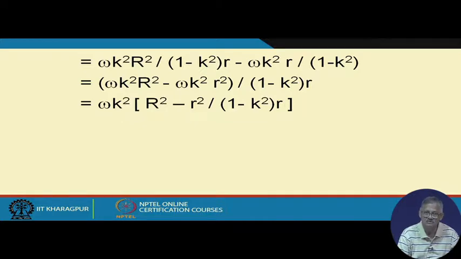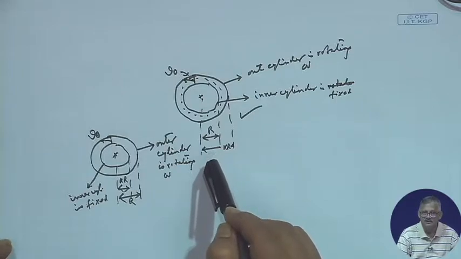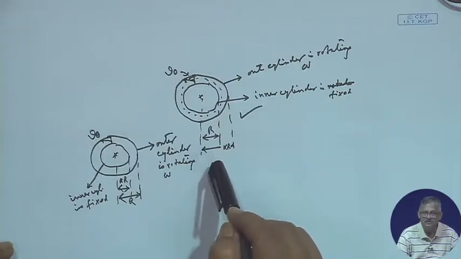We made the inner radius KR and the outer radius R. In the earlier case, the outer radius was a multiple k which is more than 1.